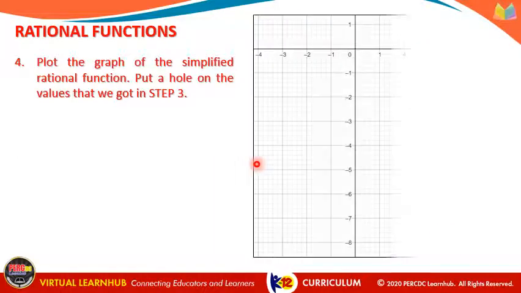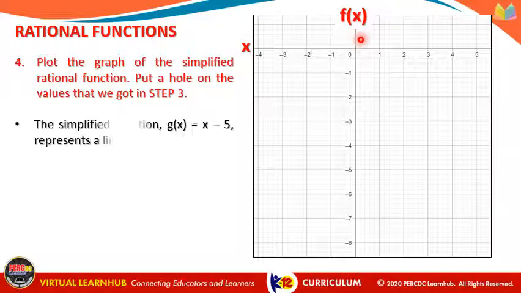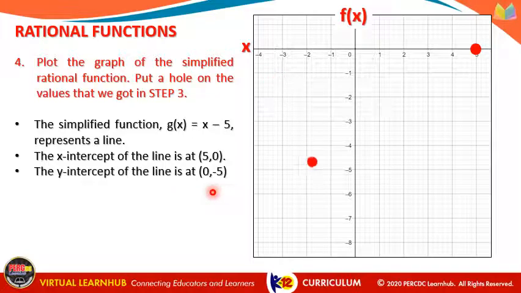Sige, i-plot na natin ngayon. So again, yung x-axis is of course the values of x, the y-axis is the value of f of x. So ito yung mga nakuha natin. Again, x minus 5 is a line with x-intercept at 5, 0, so somewhere here, and y-intercept at 0, negative 5, so somewhere there.